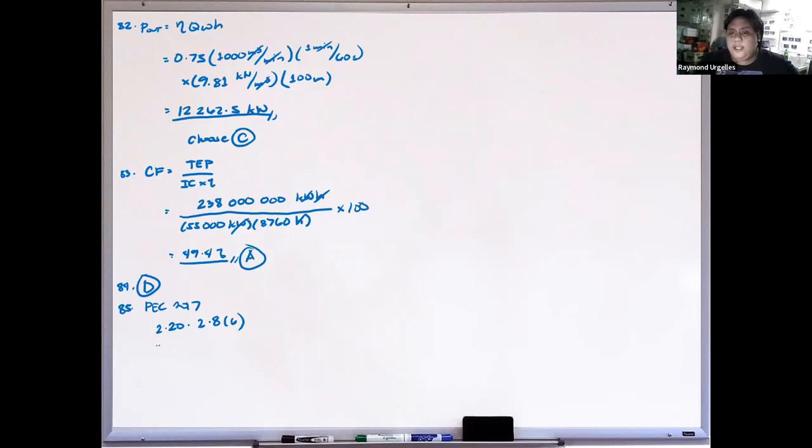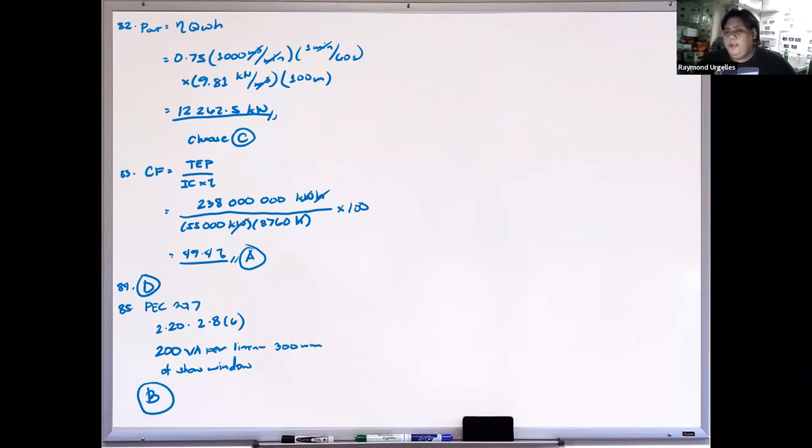So at 200 volt ampere per linear 300 millimeter, di ba? So of show window. Okay, tama ba? So ito yung makikita nyo sa PEC 2017. So therefore, this is letter B.